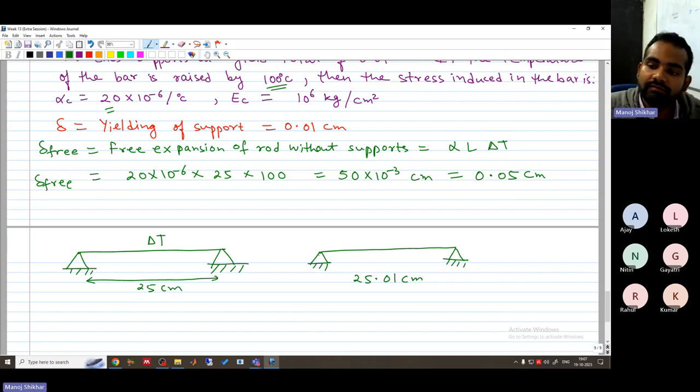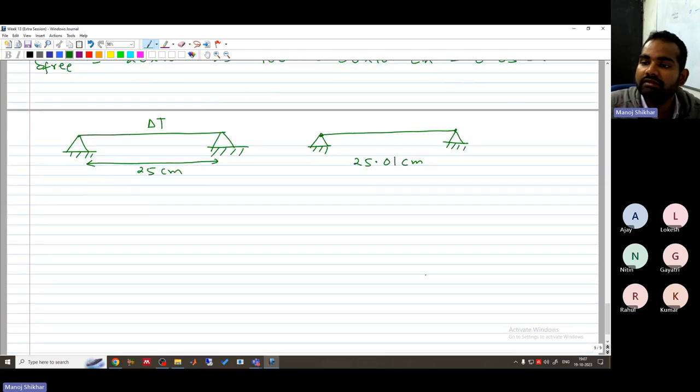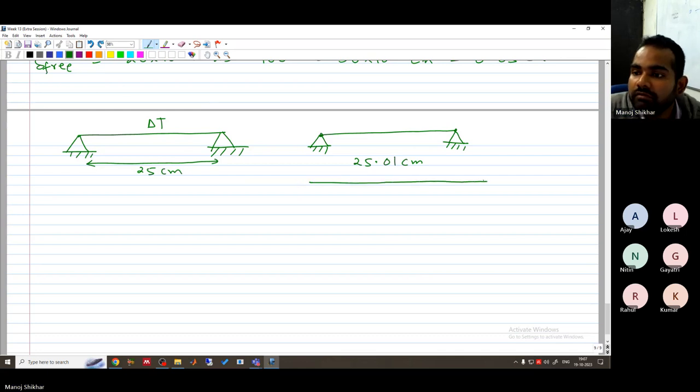But the rod, if these supports were not there, then what would the length of the rod have been? So this is the length of the rod without support. So this would have been 25.05 centimeter. Right? This is expansion.